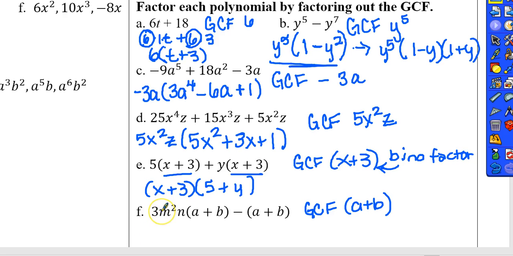Okay, I'm going to call on somebody. What's the factored form of this? Go, Nick. What's your GCF? Okay. Times. You divided it out of this term. What's left? N. And then you divided it out of this one.